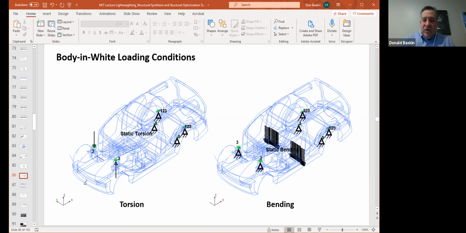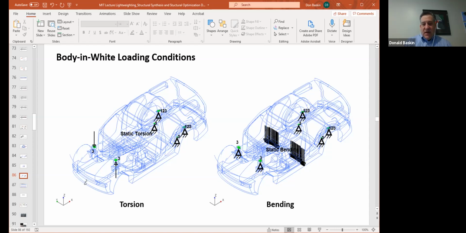Torsion is very critical for the way a car handles, the way it responds to steering inputs, and also the amount of grip that the car will have. The ability of the vehicle to get as much out of the four tires on the road has a lot to do with torsion.